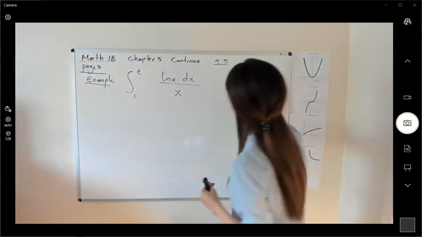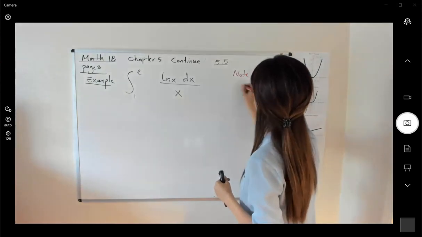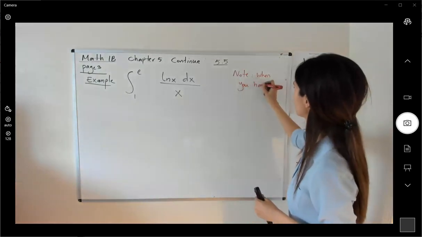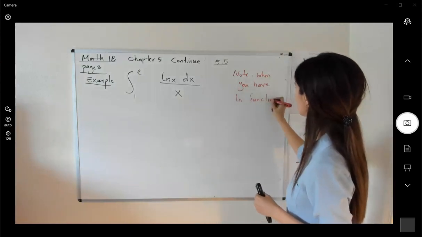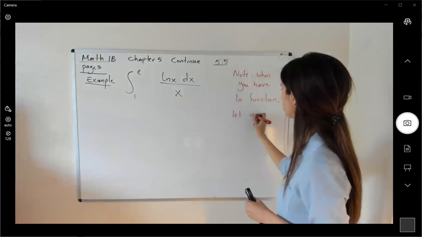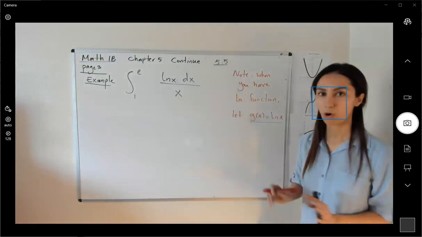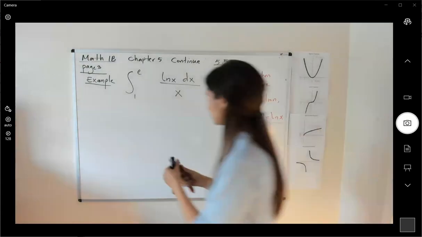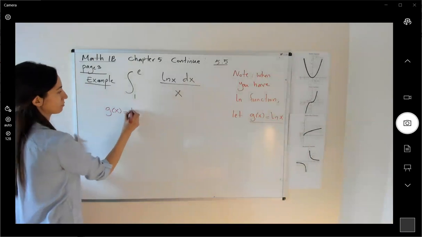So note, when you have ln function, let g be ln. Always, always. So g of x is ln of x.